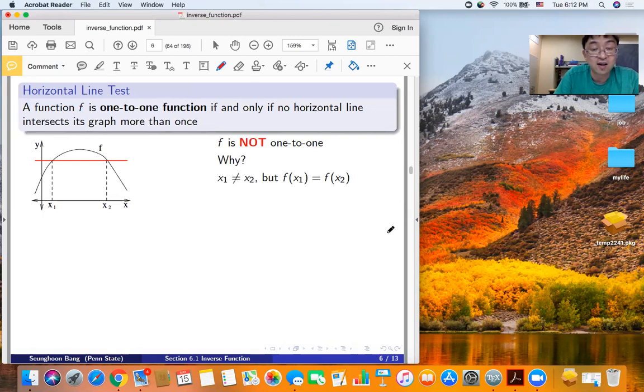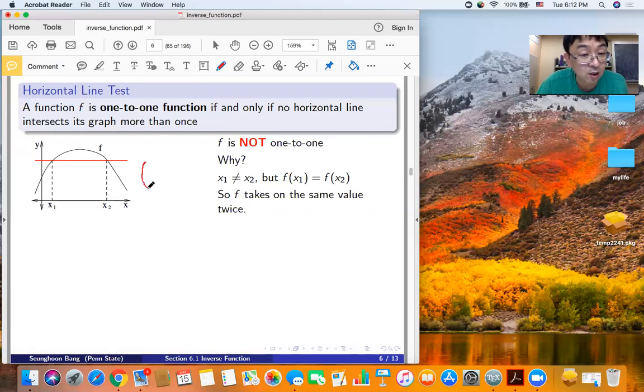Why? x1 is not equal to x2, but the function values are the same. f takes on the same value twice. So what does it mean? We can change it to the diagram. Here we have x1 and x2.